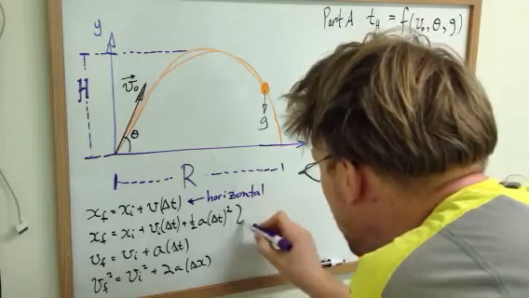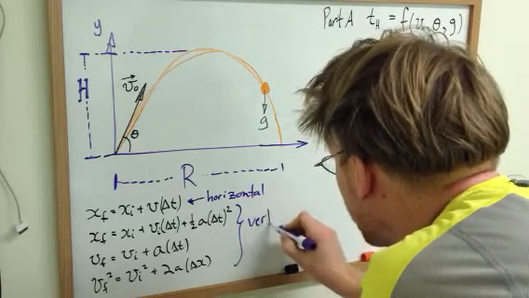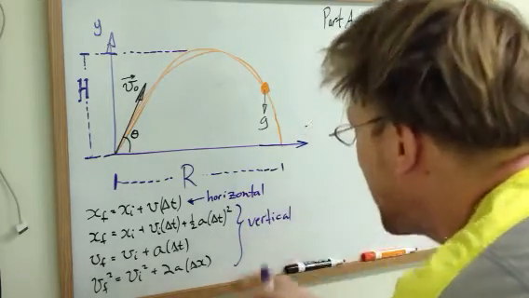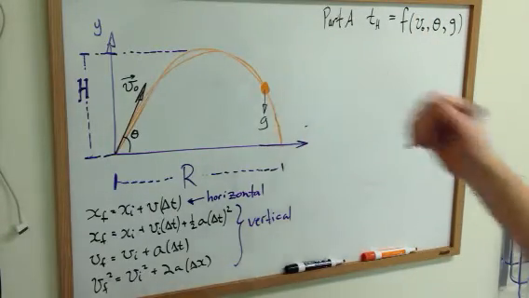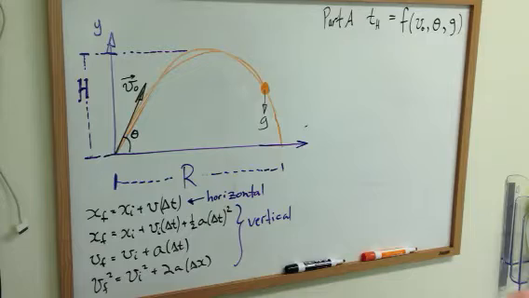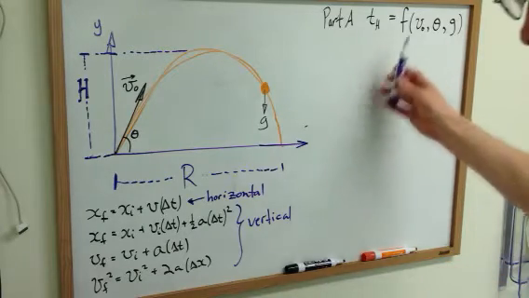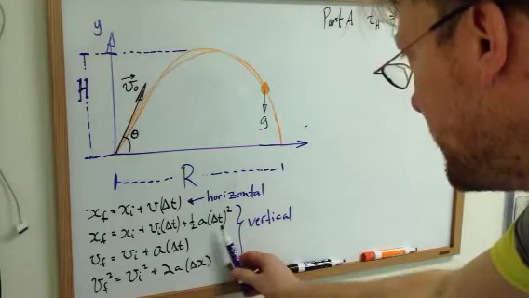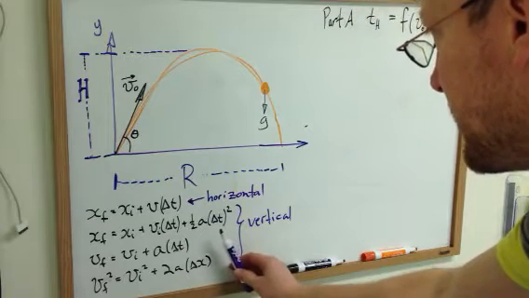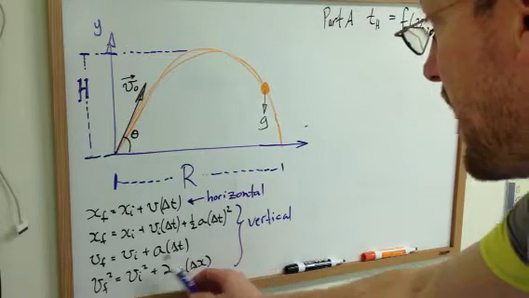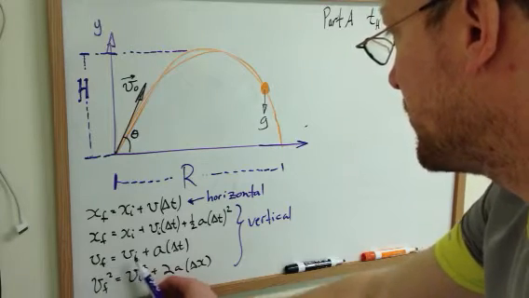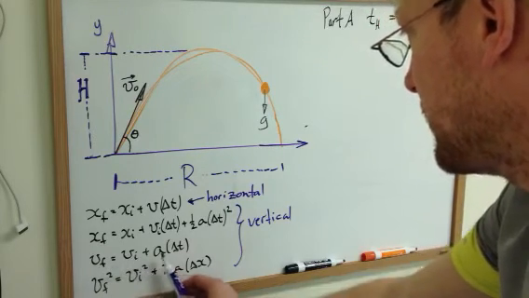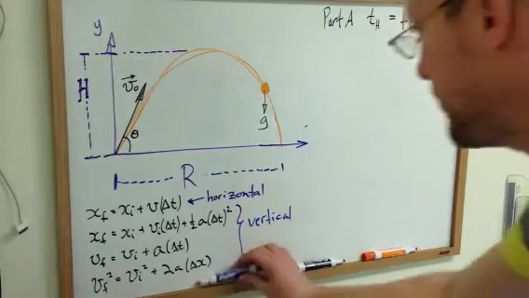And these other three we can use in the vertical direction because they have accelerations in them, and gravity is an acceleration. It's asking for time, so we're going to look at these two and not this one, which doesn't contain time. And this one simply asks us to know about velocities, acceleration, and time. So that one looks pretty simple.